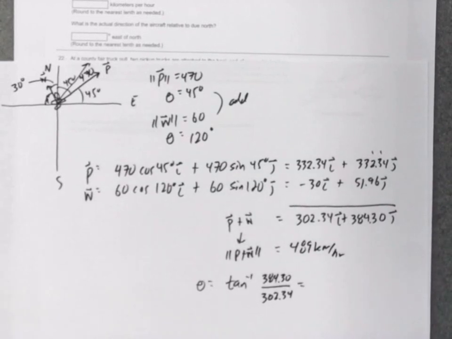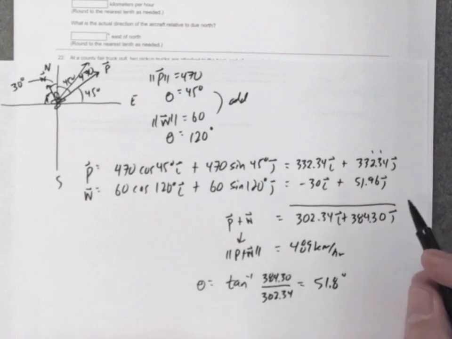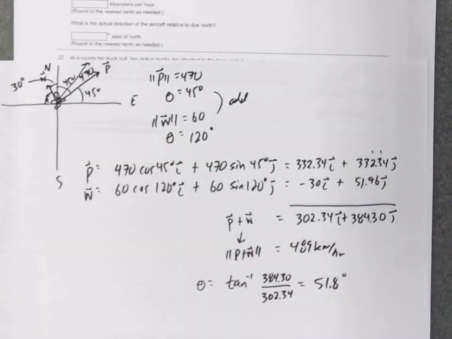So grab my calculator, 384.30 divided by 302.34 equals, take the inverse tangent, 51.8 degrees. And that looks like the answer. Don't have to do anything else. 51.8 degrees looks, except that's not got the answer I've got.